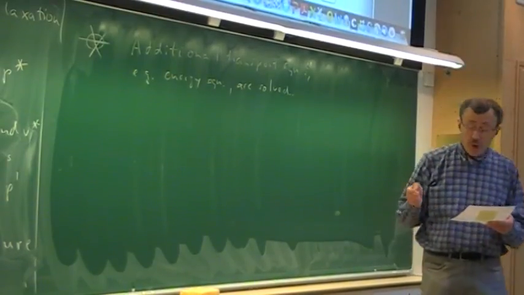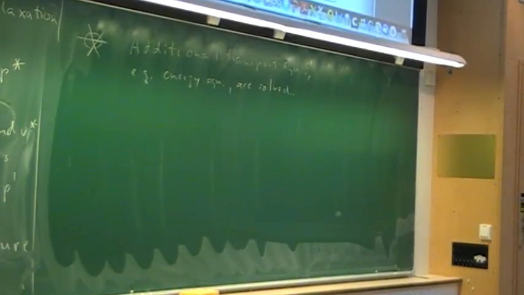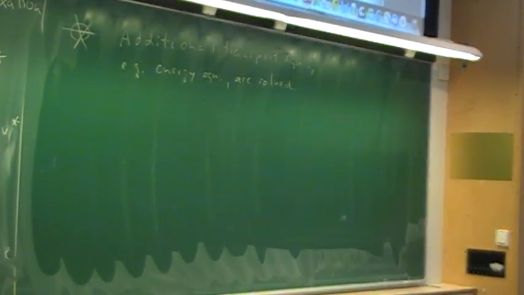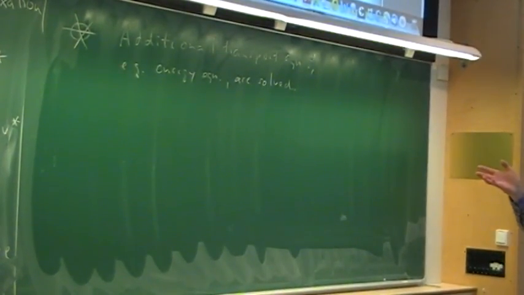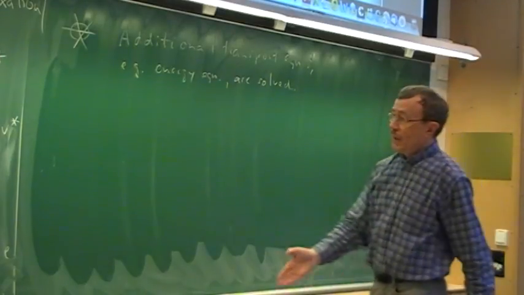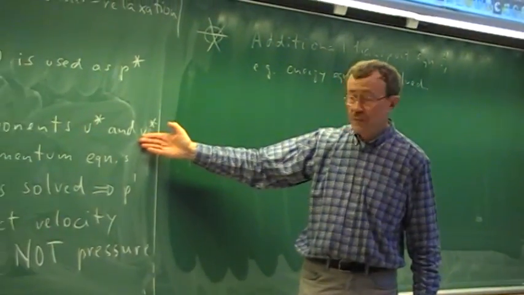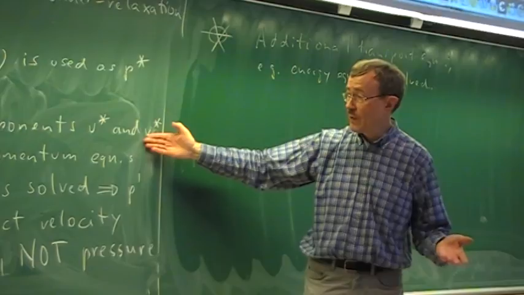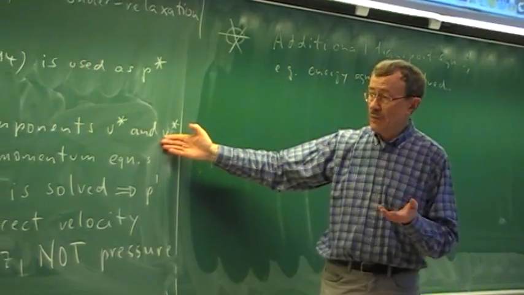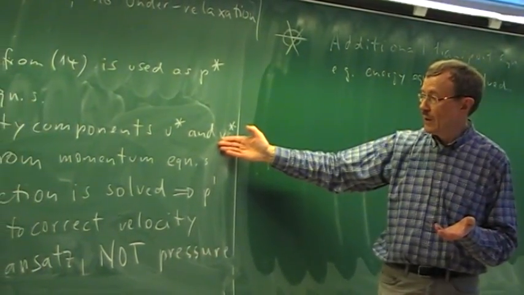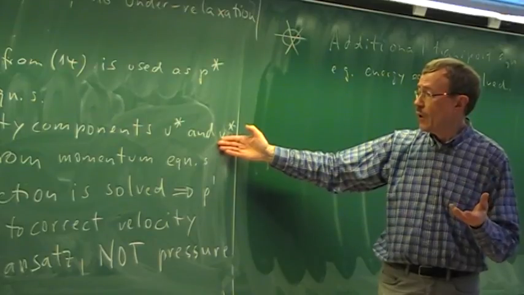Although this approach is more costly, why is it more costly? We have the same work as for SIMPLE, because we have to solve for u star and v star. We use the implicit method, so we have to solve a system for u star and v star.